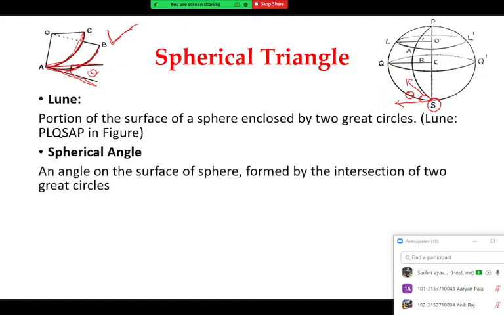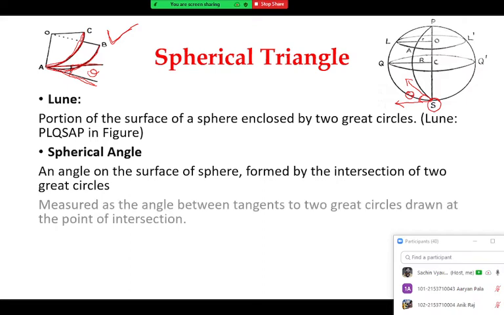So this is, first of all, the angle on the surface of a sphere. It is formed by the intersection of two great circles, and that angle is calculated with the help of these tangents.